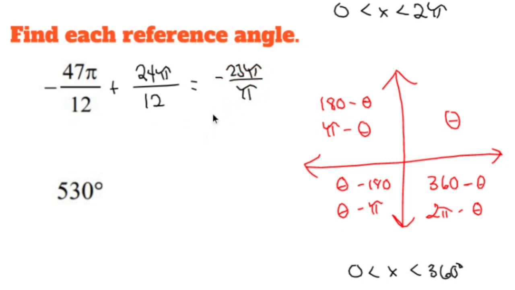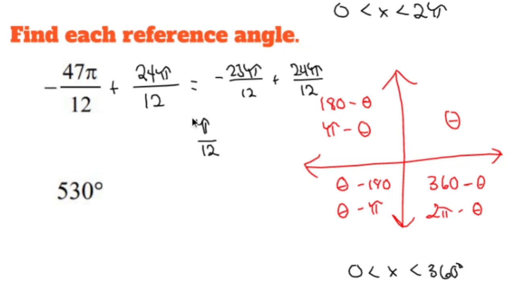Even though I wrote pi, it's just 12. Now I'm not in my range again, so I'm going to add 2 pi again. I'm going to add 24 pi over 12. Negative 23 plus 24 is 1. So I get pi over 12.